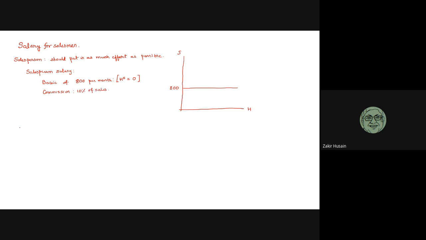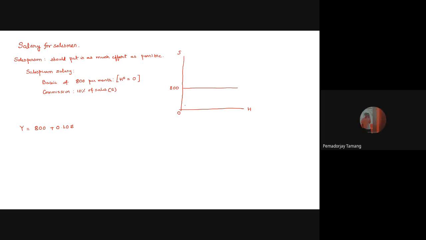Okay. So now, what is the income of the salesperson? Sir, it is proportional to the sale. 800 plus 0.1, that is, 10% of sales. In this case, what will be his payment? What will be his salary or income? It will be increasing as he increases the sales.